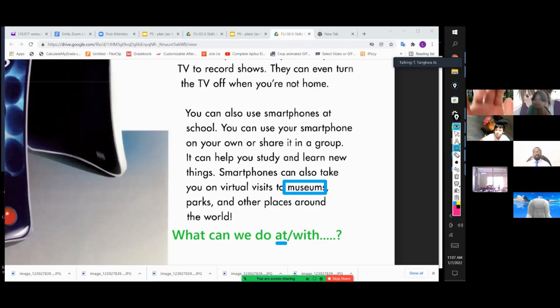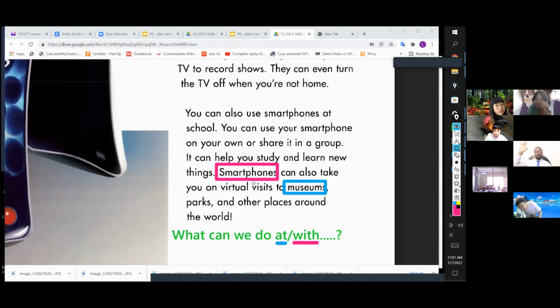All right. What can we do with the smartphone? What can we do with the smartphone? Take a picture. Take pictures. Anything else? Take pictures. We can learn online.